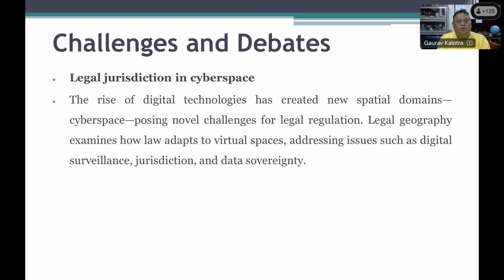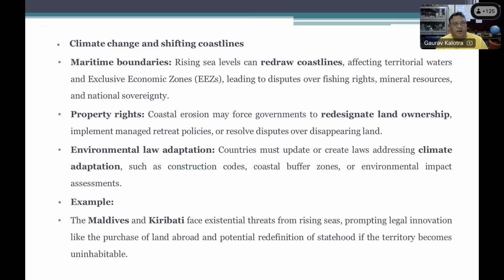So if you have to file an FIR, where should it be filed? So these are various things like data sovereignty. Then digital surveillance. Which law should be there, that digital surveillance should be checked? So all these are challenges and debates which you have to address in coming times.